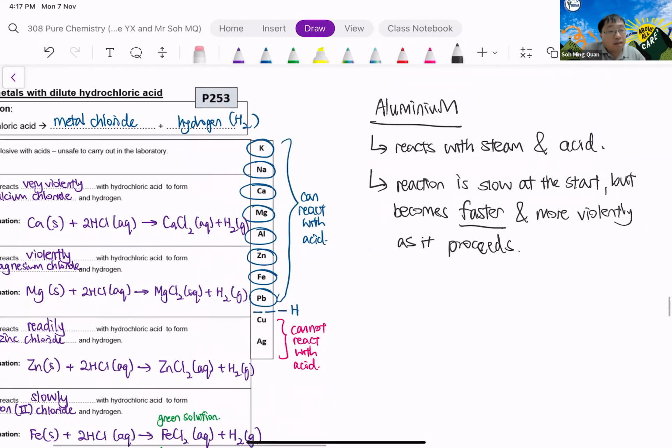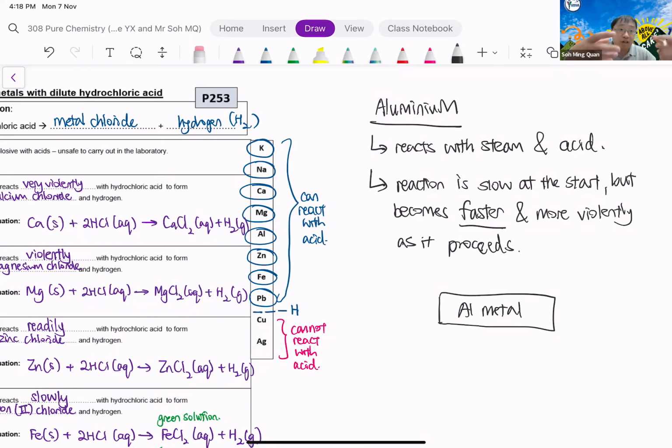Why? Okay, Jinghe is not wrong. I think the explanation is quite similar to lead in some sense. Now, the aluminium foil that you buy as a roll is aluminium metal. Now, aluminium metal is quite reactive, just like, say, magnesium.